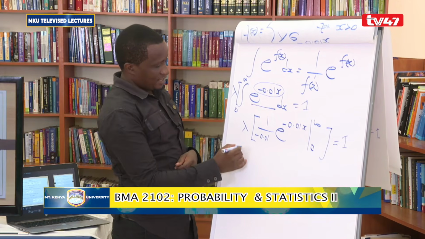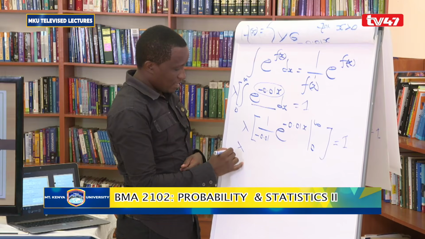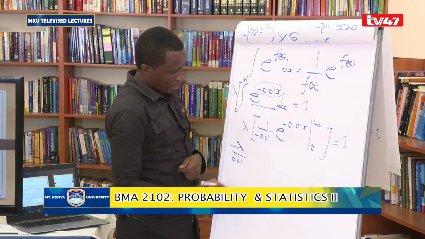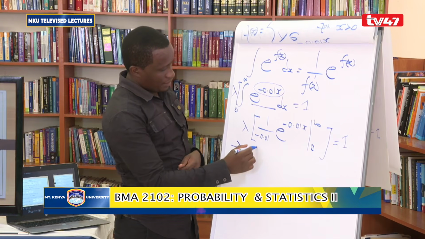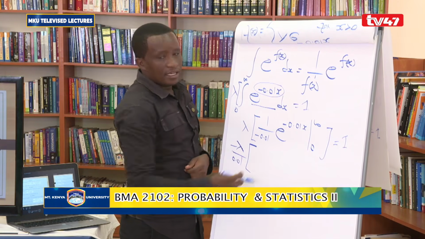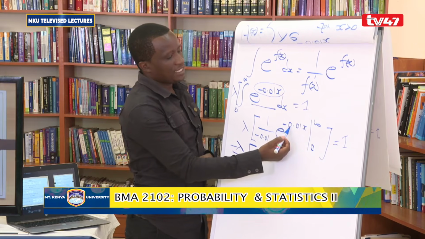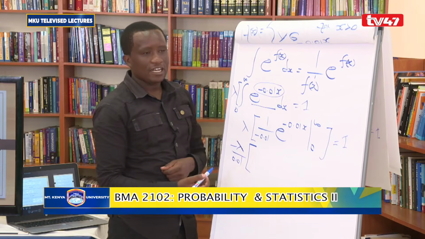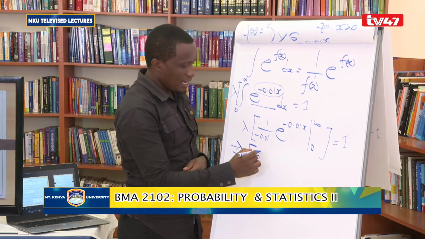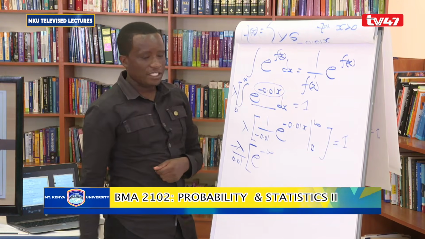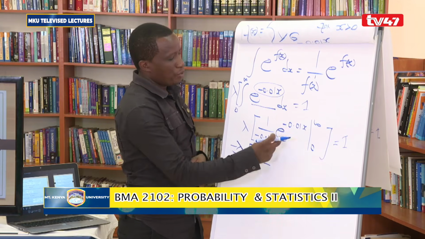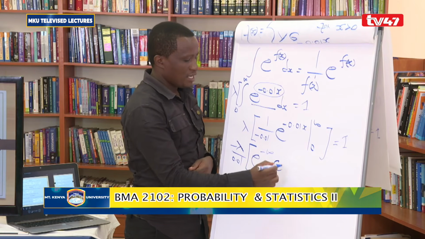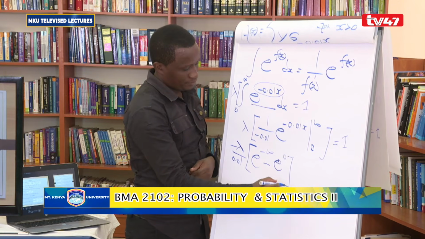So that, clearly, this is the same as negative lambda all over 0.01. Then, if I put in the limit, exponential of negative 0.01x times infinity, which is actually negative infinity. So I'll have exponential negative infinity minus, if I put x as 0, the whole exponent becomes 0, so I'll have exponential 0.